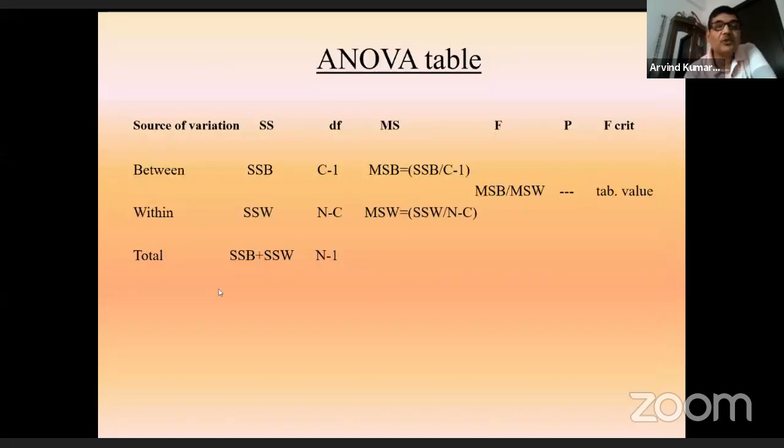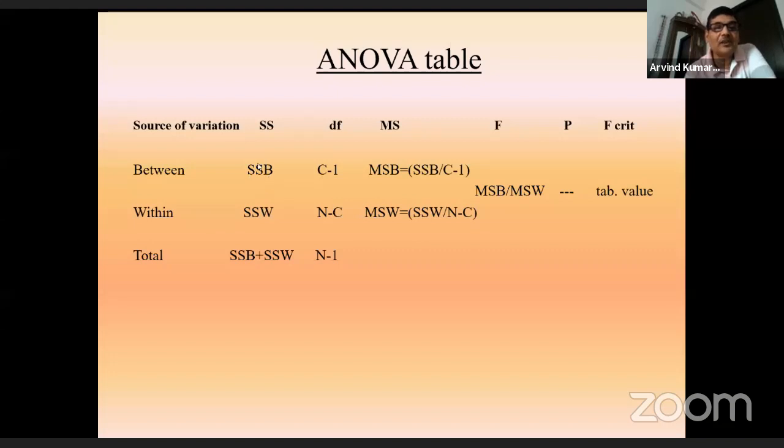See what is shown here. This is the main table we obtained, and please go through this table very carefully because it will give you information about everything. SS, that is sum of square, and here in source of variation, between is written. So this is SSB. SSB means sum of square between the samples.